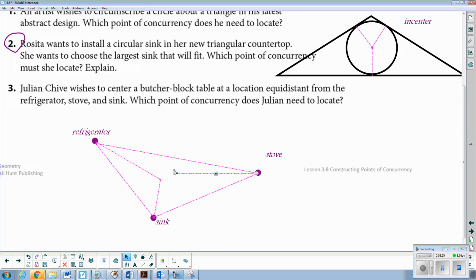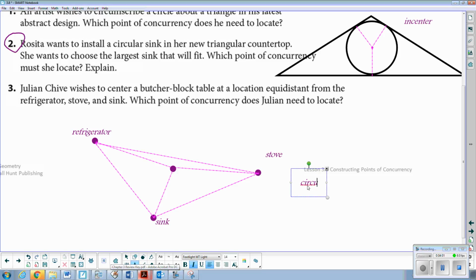And it'll probably be more like this. So what is that point that's equidistant from all 3 of those? Here's where we want to put the butcher block. Well, if you look back at your conjectures, the circumcenter conjecture says that the circumcenter is equidistant from the vertices. Well, those are our vertices, so that's what we're looking for. We're looking for, in this case, the circumcenter.